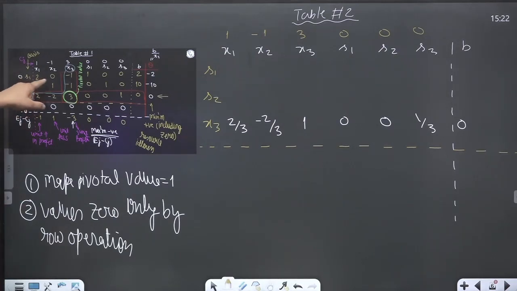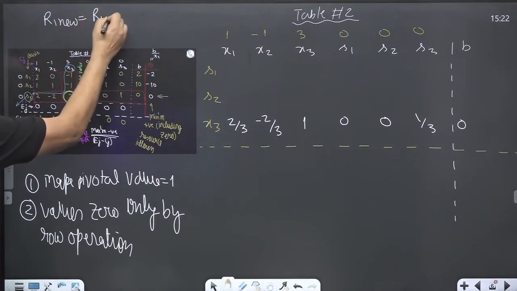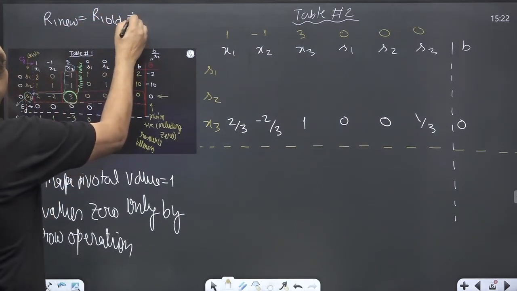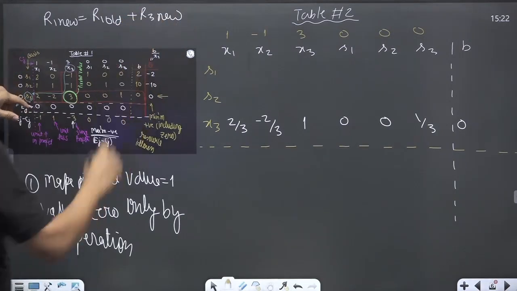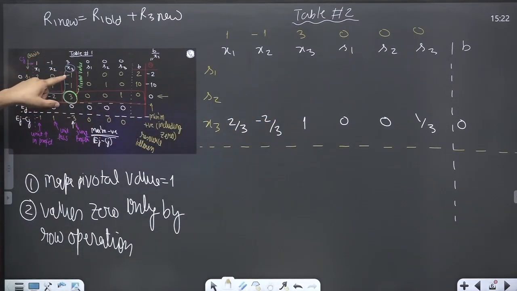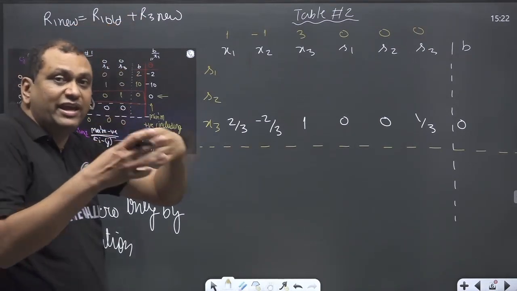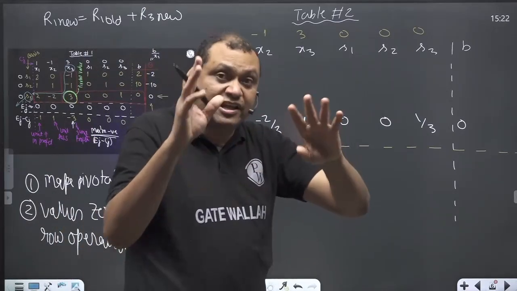So first row, here it's a -1. So R1 new will be R1 old plus R3 new. This is already 1 here in the new row. If I add the old row with the new row, this value will become 0, because my target is to make all the values above and below 0. So in each row operation, we take the old row and add or subtract the new row. We multiply or divide the new row, not the old rows.